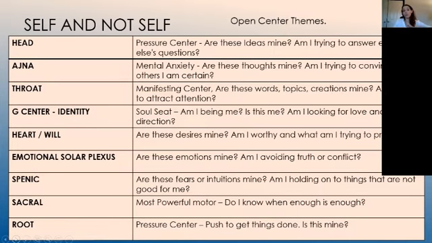If it's colored in, you have more of a certainty to you when you speak about things. You also have more of a defined way in which you process problems, thoughts, or things that come into your reality. You tend to have more of a pattern or a way that you deal with things. So again, with the Ajna, are these thoughts even mine, and what am I needing to be certain about?